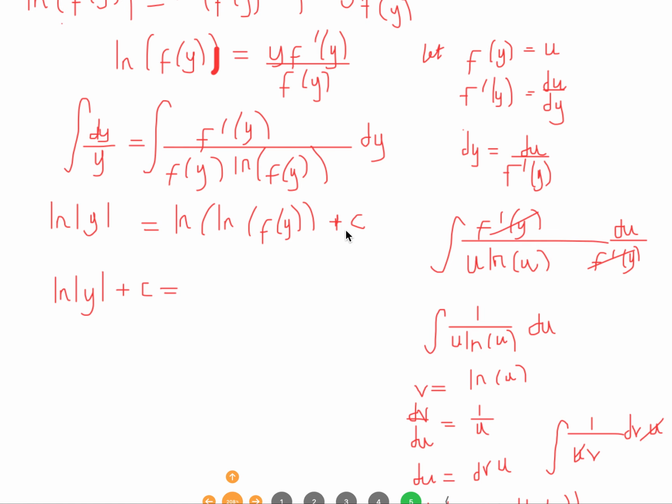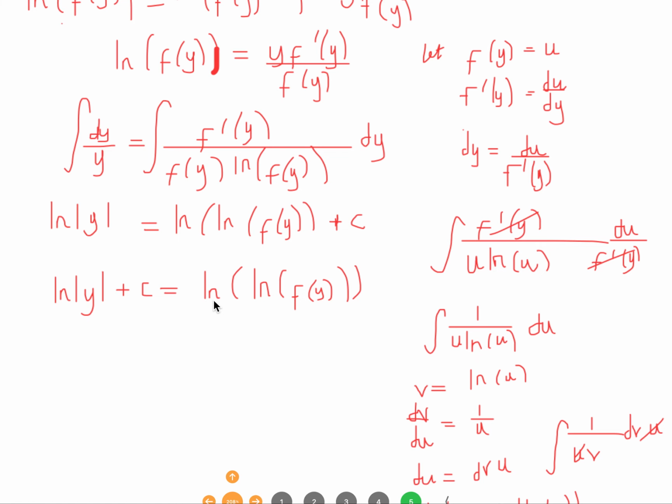You might be arguing why is it not minus c? Remember, c could be positive or negative, it doesn't really matter. So ln of f of y. You could also think that we could have just added the c to this part of the integral. You don't always add the constant to the integral on the right. It doesn't matter, as long as one of them gets it.